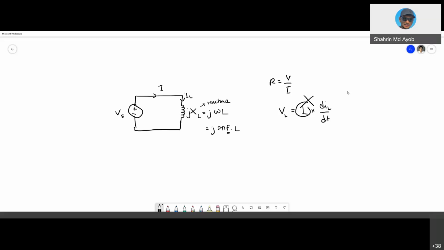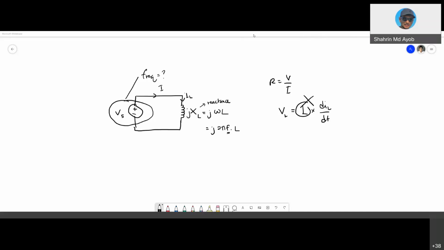So right now, what is the frequency for this DC supply? What is the frequency of the DC supply? Yes, that is the definition, but right now, what is the value?